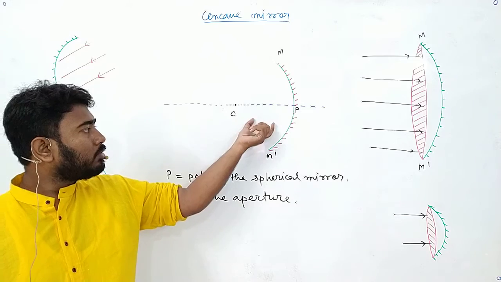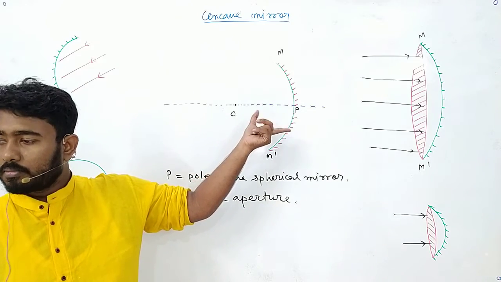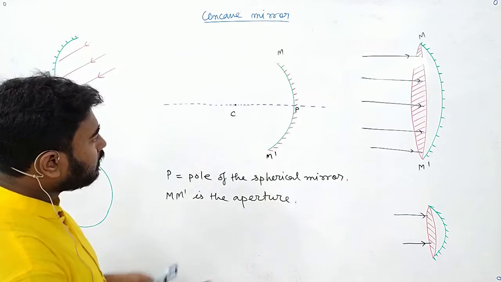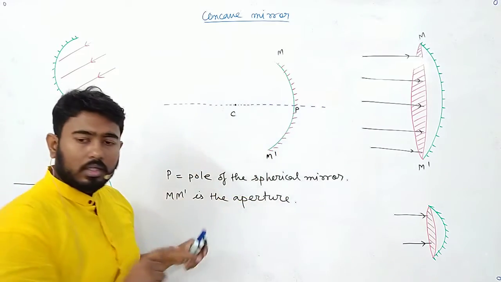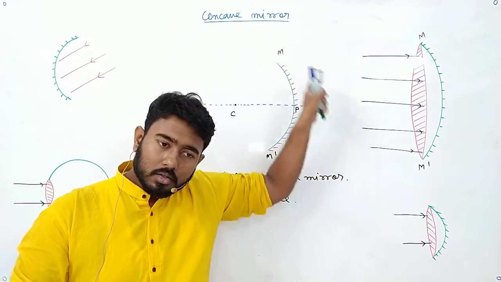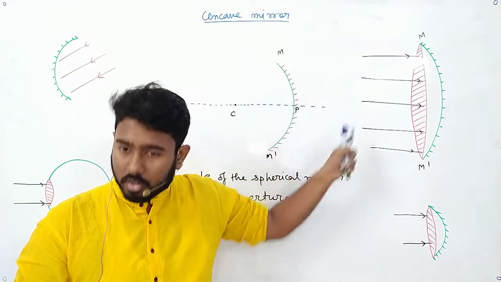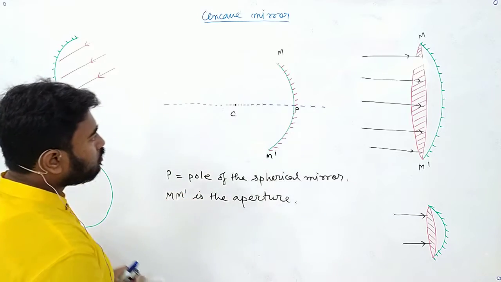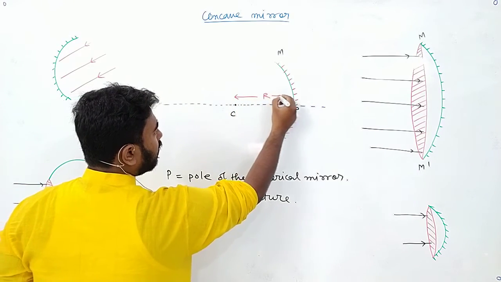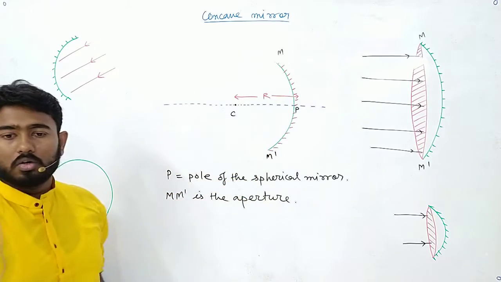So the straight line will be the extended portion of CP. Can you tell me first, is this length CP the radius of the original sphere? Yes. So we will say the length CP is the radius of the original sphere.